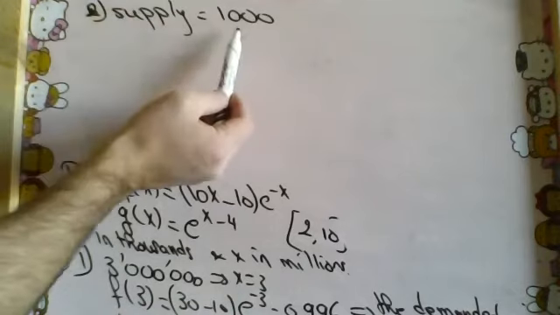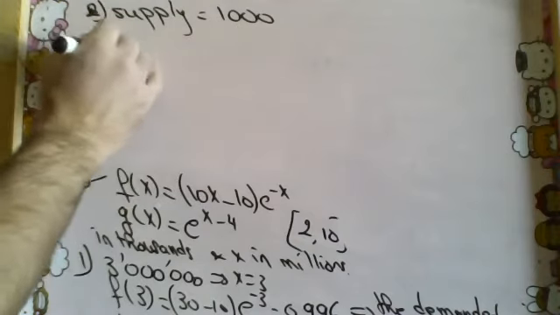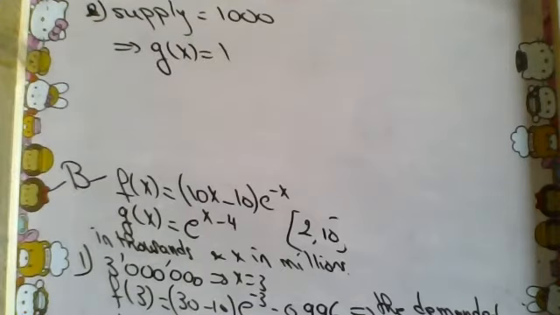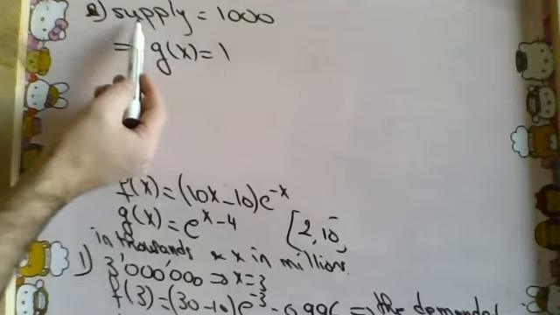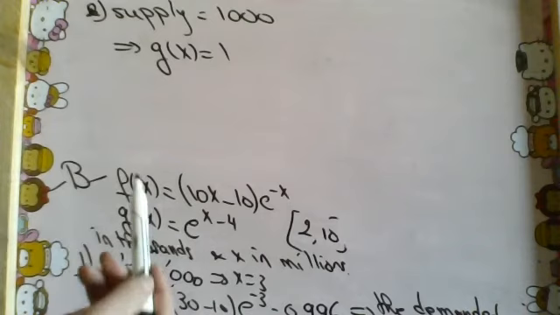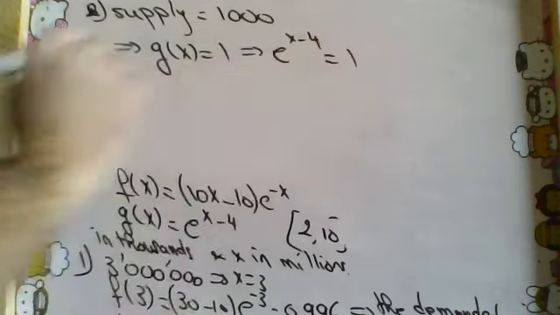If here the supply is 1000 objects, it means that g of x is equal to 1. The g of x, because the supply is given. That means that e to the power x minus 4 is equal to 1.